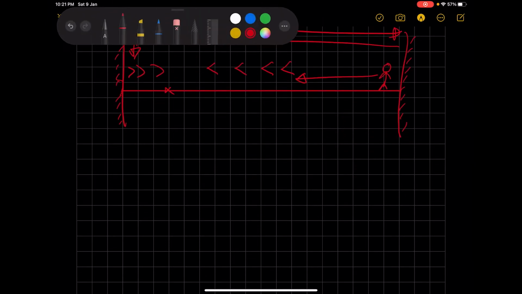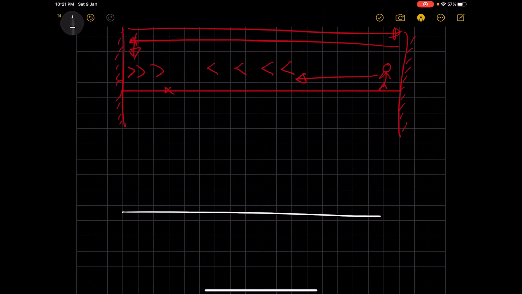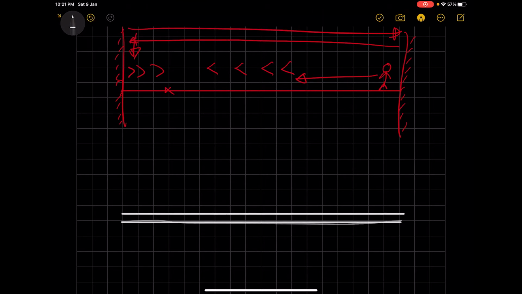So if you have a conductor and this is the electron here at this position, assume there is an imaginary wall here and an imaginary wall here. The electrons would move back and forth between these 2 points for any given AC signal.